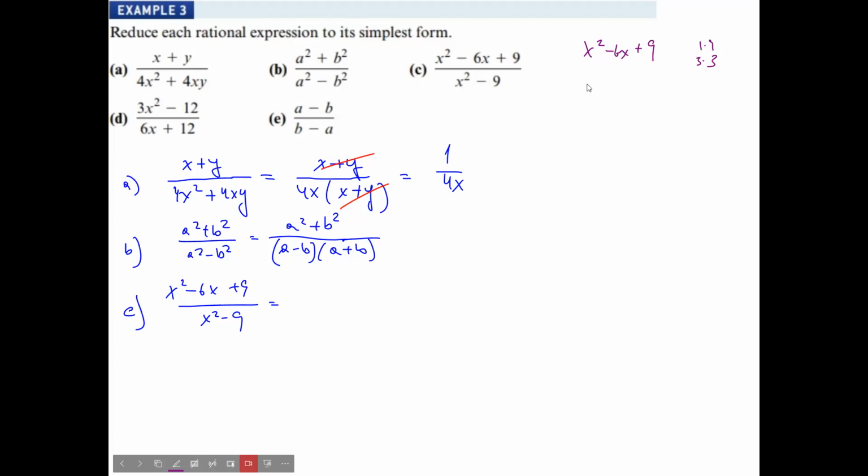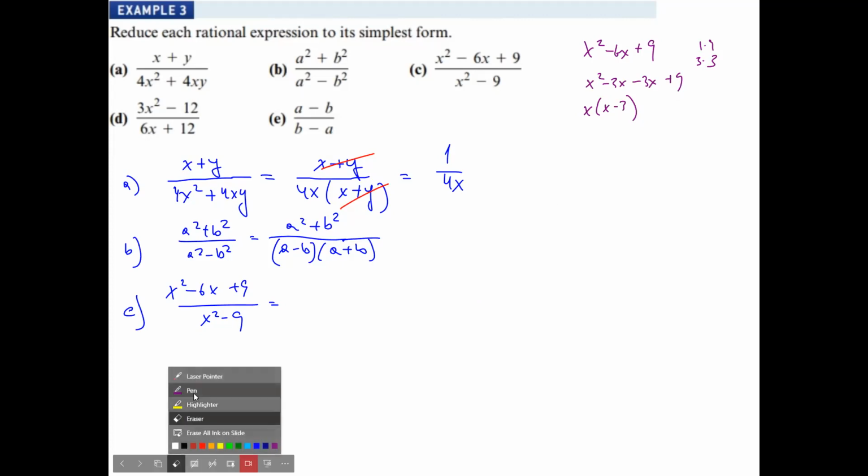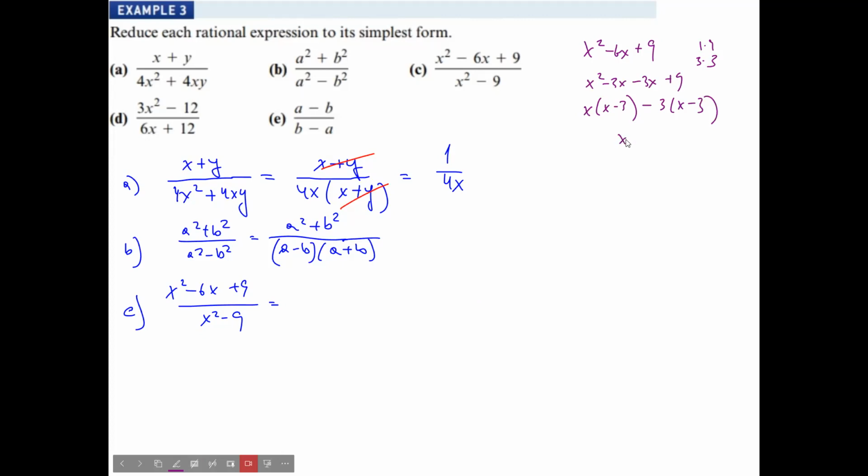So minus 3, minus 3x plus 9. And here I have x minus 3, x minus 3, and x minus 3, x minus 3.